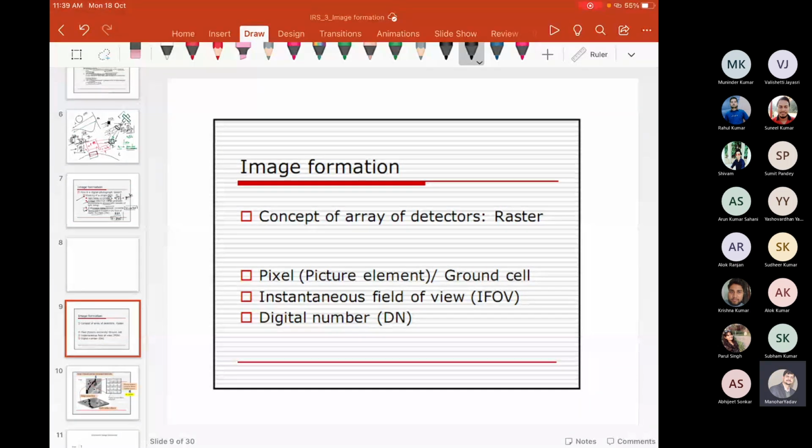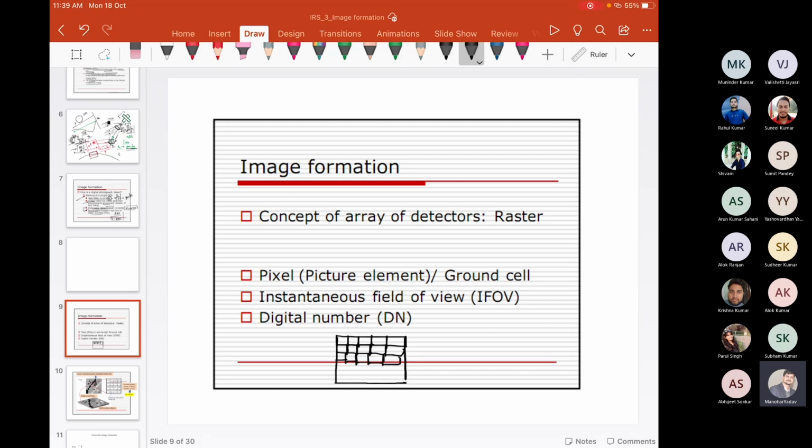Now in the image formation, as I discussed before, the entire area that is sensed by the sensing device or scanning device is first divided into grids.